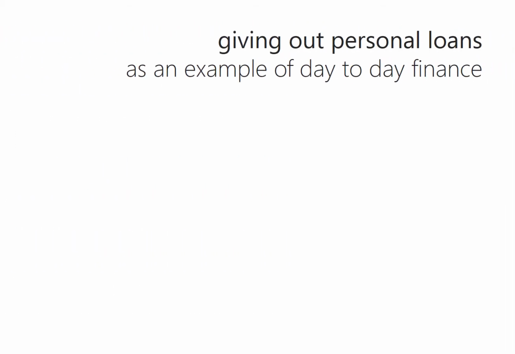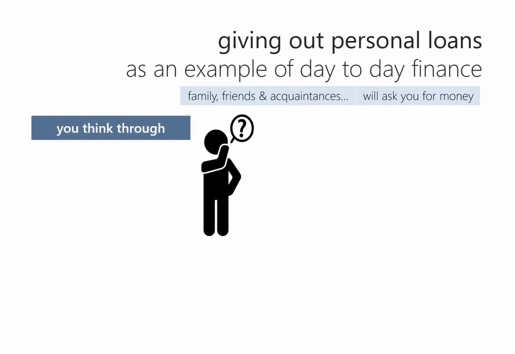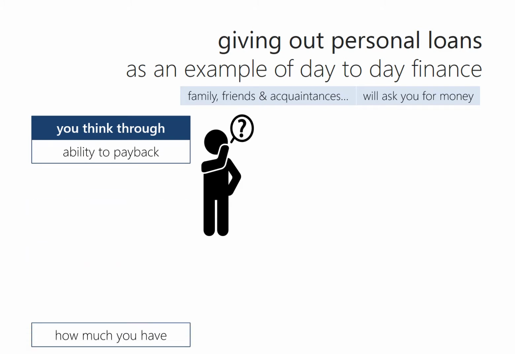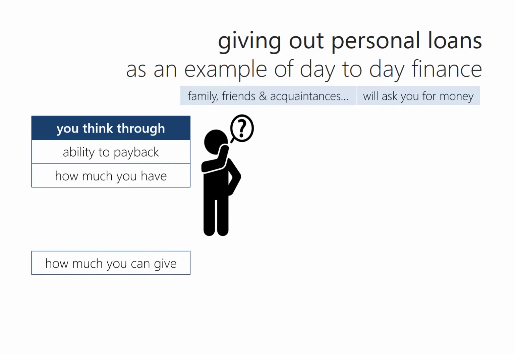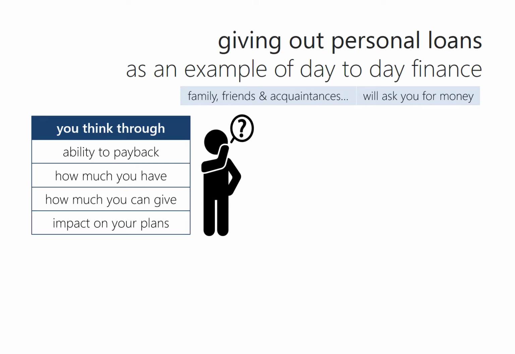From time to time, you will have family, friends, and even acquaintances that will ask for a personal loan. Before you give out that loan, you go through a thought process, calculating if the person has the ability to pay back, thinking through how much you actually have and how much you can actually give, and the impact on your own financial plans.